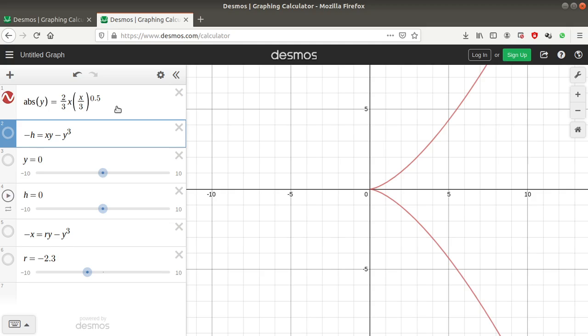At first we shall fix one parameter, which is h, and then see how the fixed point changes with respect to r.